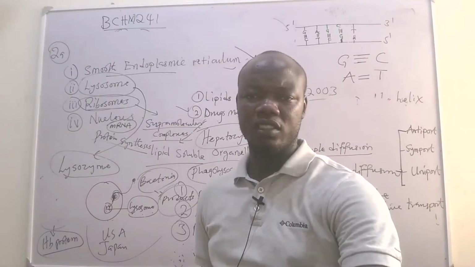So you see, ladies and gentlemen, we have now answered question 1A and 1B. So now question 1C. State the types of transport system involved in each of the following. Sodium glucose transporter, sodium potassium transporter, sodium potassium ATPase, release of insulin from pancreatic cells.